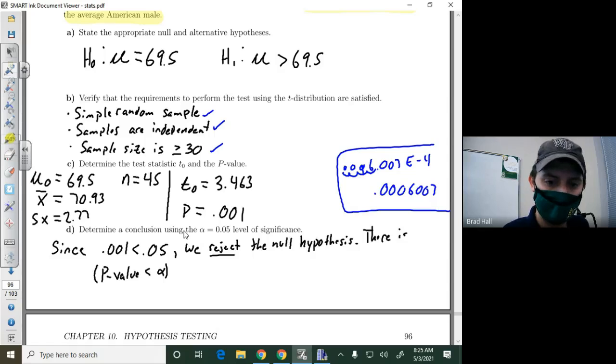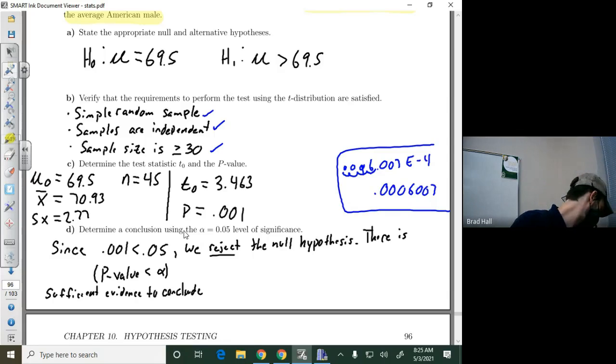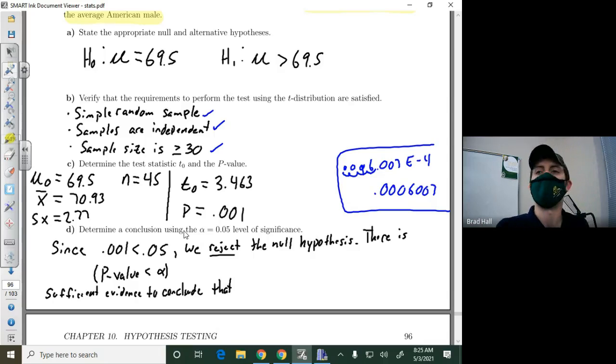There is sufficient evidence to conclude, well, ultimately you're concluding because you rejected the null hypothesis, it means there's only one option left, the alternative.